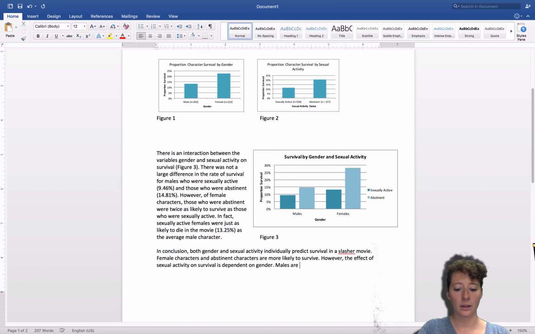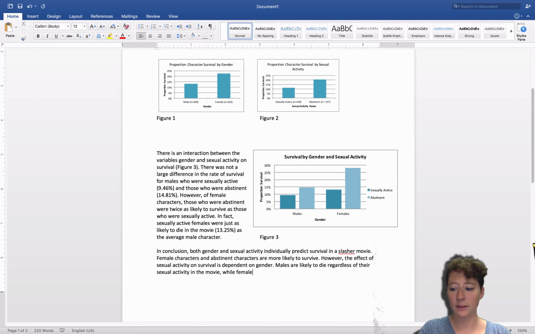Males are likely to die regardless of their sexual activity in the movie. But the pattern is different for females.